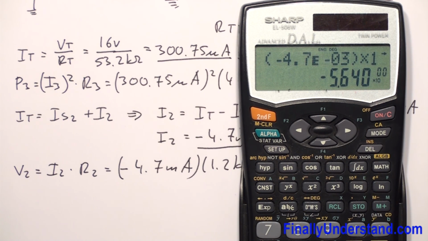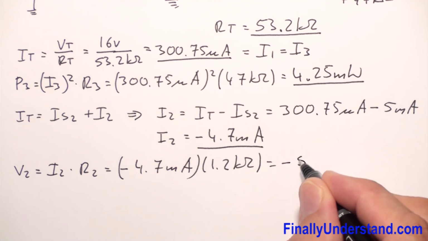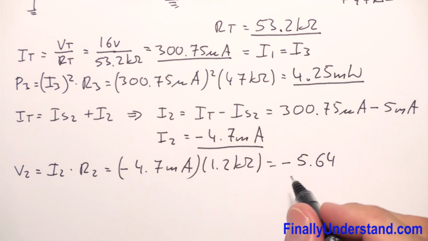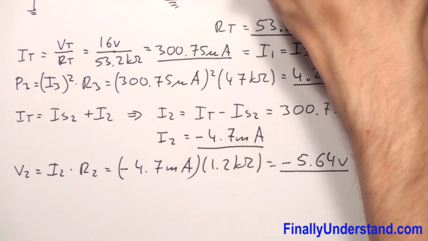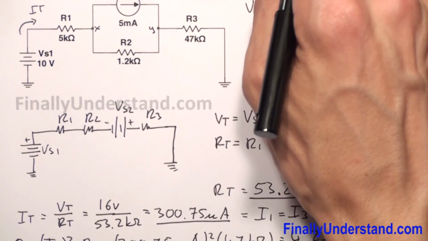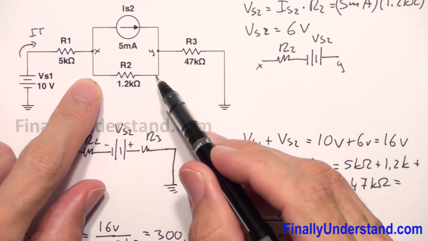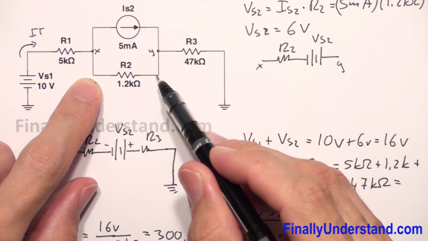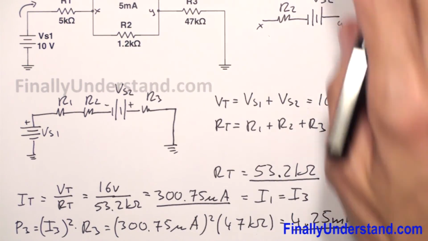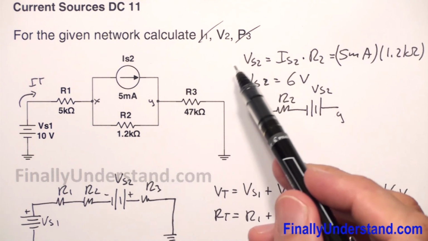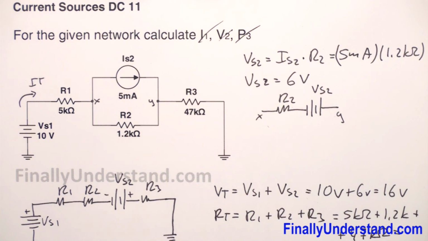This is equal to negative 5.64 volts. Okay, so this is the voltage which I'm going to measure over here across resistor R2. So we found I1, we found V2, and we found P3, so we can say that the problem is solved.